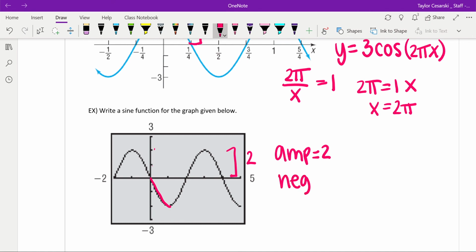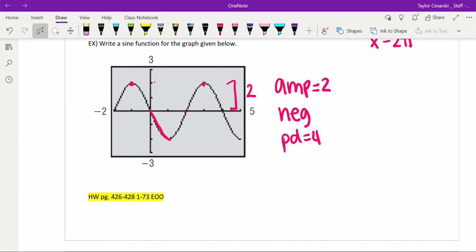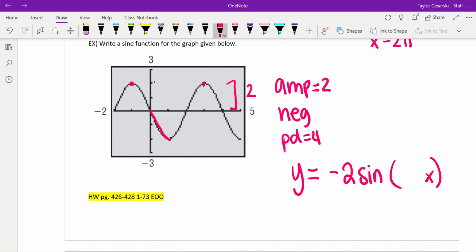And then how long does it take for the graph to repeat itself? Now, this is scaled by ones, so in order for it to repeat itself to get back to the top, it's going to take 1, 2, 3, 4. So the period equals 4. All right, so y equals negative 2 sine x.